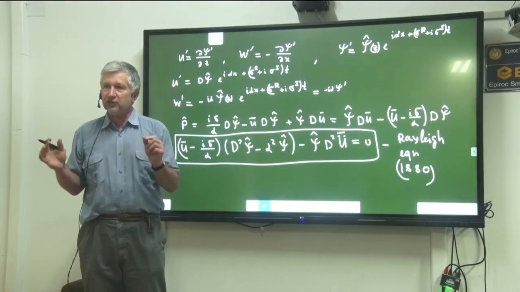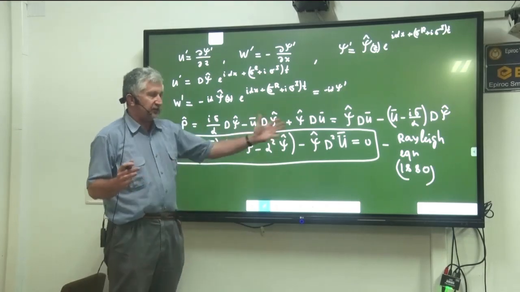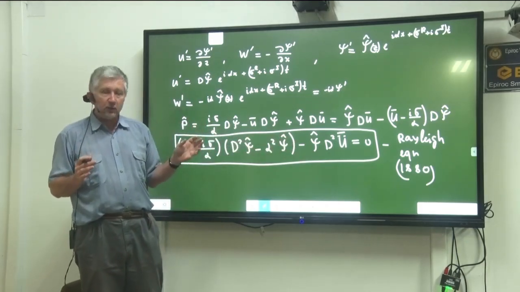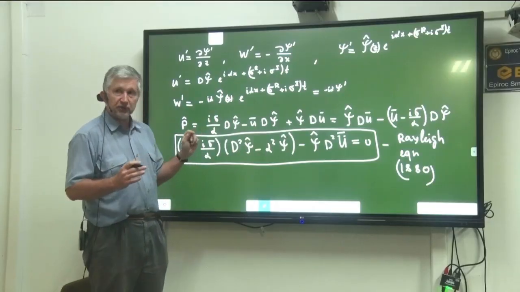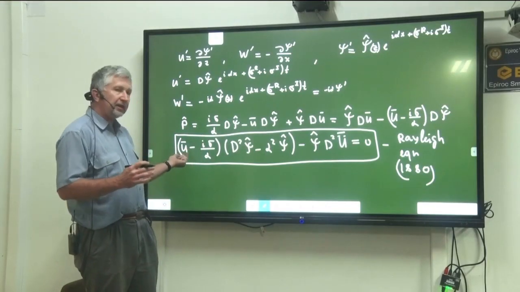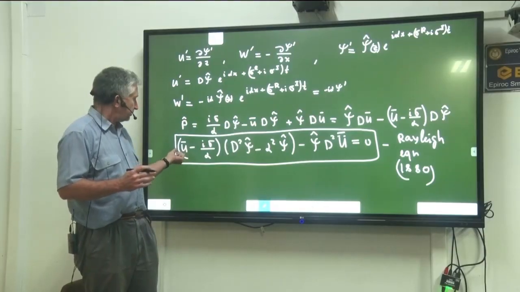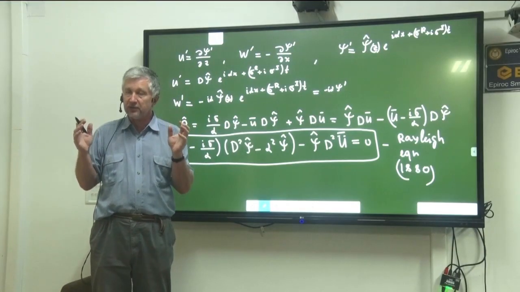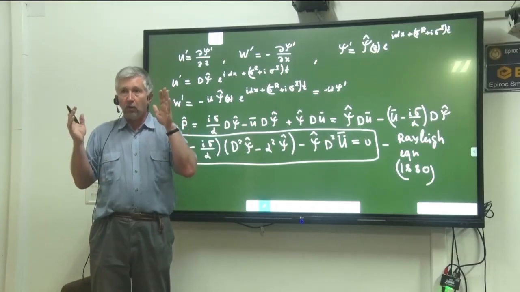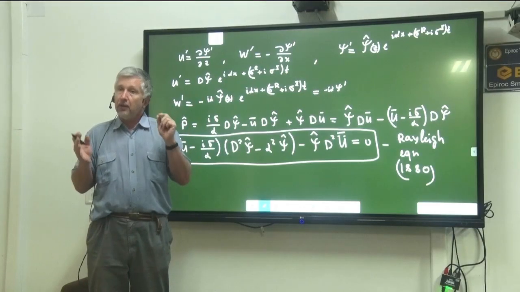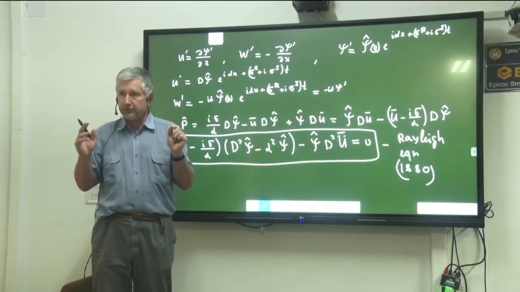So our biggest achievement for today is derivation of this equation. That equation contains the bar quantity, u bar. Remember, u bar is the velocity profile of realistic flow which occurs between two plates, and we don't know how it actually looks.